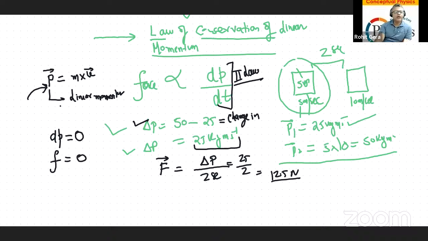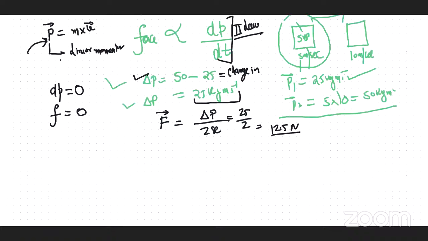This is the law. If there is no external force on a system, then the amount of momentum it has remains conserved. It only exchanges between the bodies. There is no external force, which happens in the case of collisions.